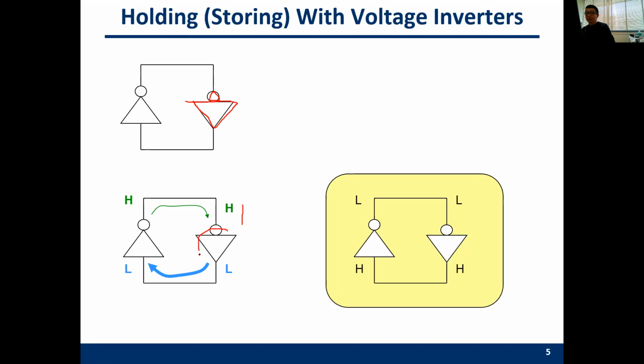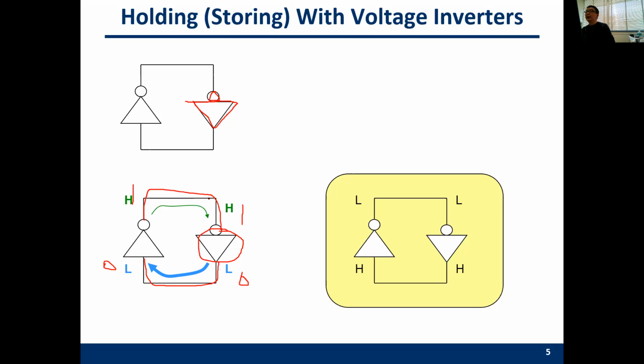Because this is an inverter, if I apply the 1 on the input, I will have a 0 here as the output. Because these two are connected, I have a 0 here. For this inverter, the input is a 0. If I apply this 0 here, I have a 1 here. So these two are connected, so they are the same.